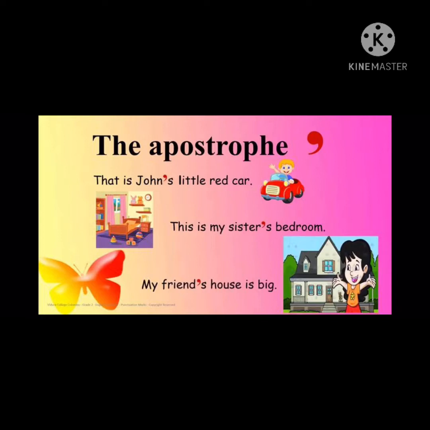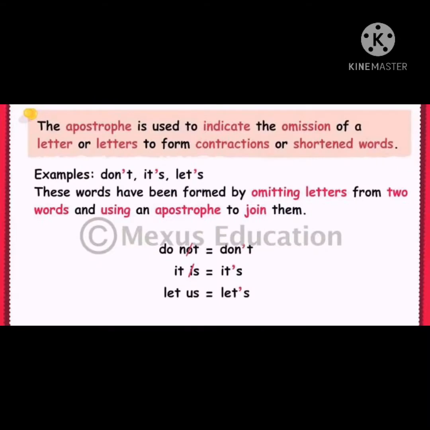Let us see the second place where we use the apostrophe. The apostrophe is used to indicate the omission of a letter or letters to form a contraction or shorten words. Now this says that it is also used to omit certain alphabet or alphabets to form the short form of words.